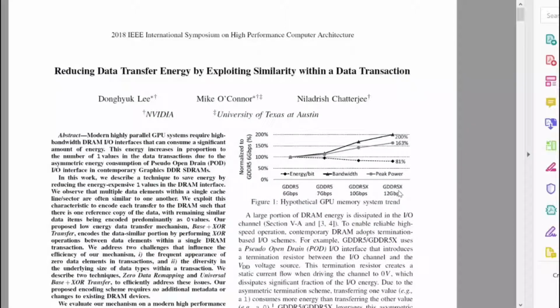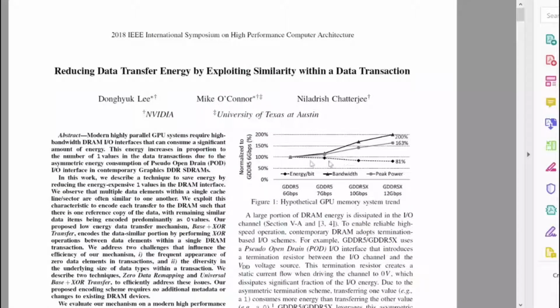If you see, in GDDR5X as compared to GDDR5, the bandwidth increased two times. But energy has not reduced much. The energy consumption, that means per bit access, is almost the same. This is the problem, and that's why at this peak bandwidth, the peak power is also almost double.